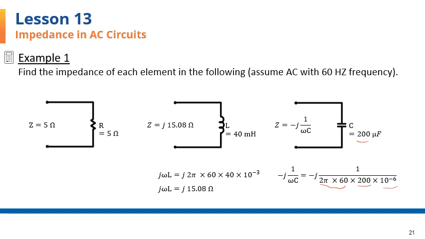And the answer comes to negative J times 13.26 ohms, shown here. In the rest of the examples in this lesson, I'll be using these three impedances that have been pre-calculated here.